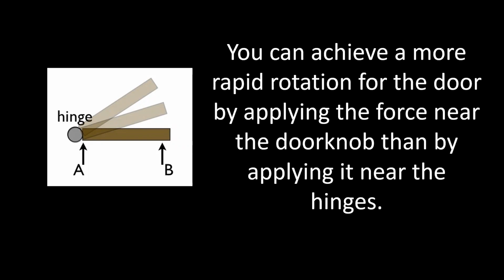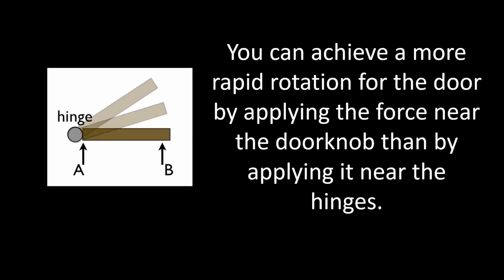So in this case, we have a door, and there's a hinge that attaches to the door, giving the door the ability to rotate, no? Like all doors. You can achieve a more rapid rotation for the door by applying the force near the doorknob than by applying it near the hinges. You may have experienced this: if you push the door to open it closer to the hinges, then you need to apply more force, right?